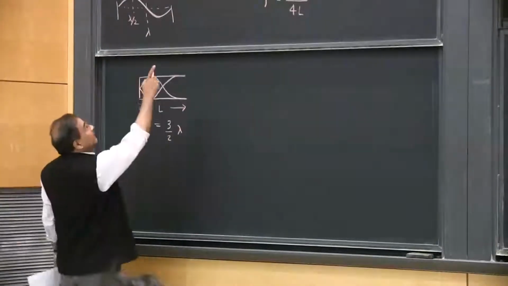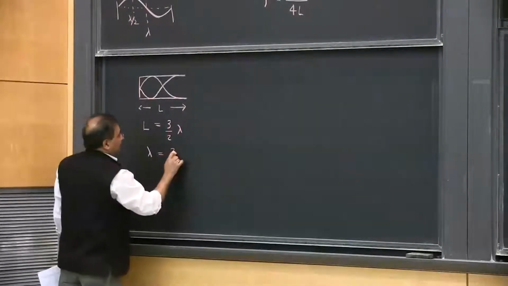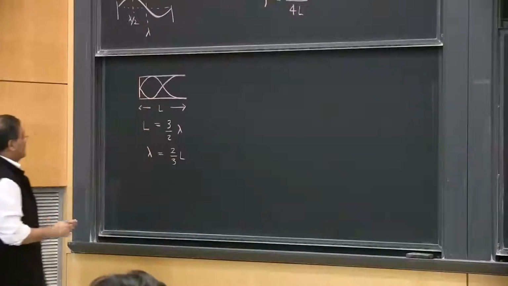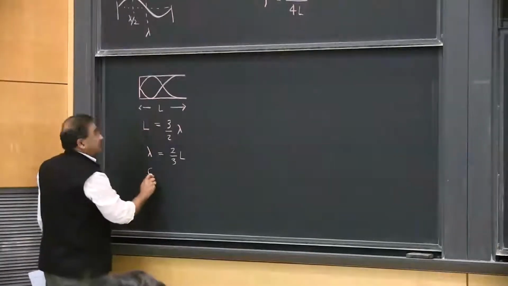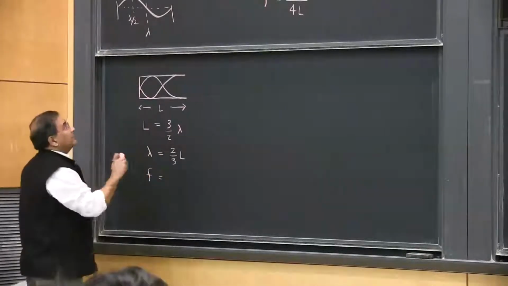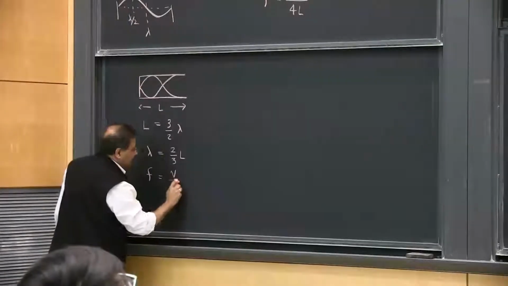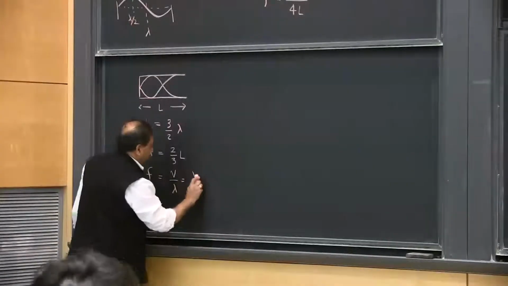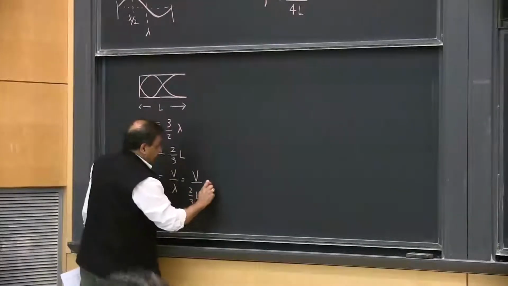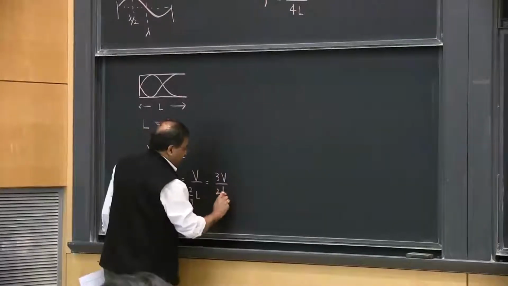So therefore, if I go by the argument I made before, lambda would now be 2/3 L, instead of 4L. And hence the frequency, by the argument I made before, is V over lambda. So this would be V over 2/3 L, right? So that would be 3V over 2L.